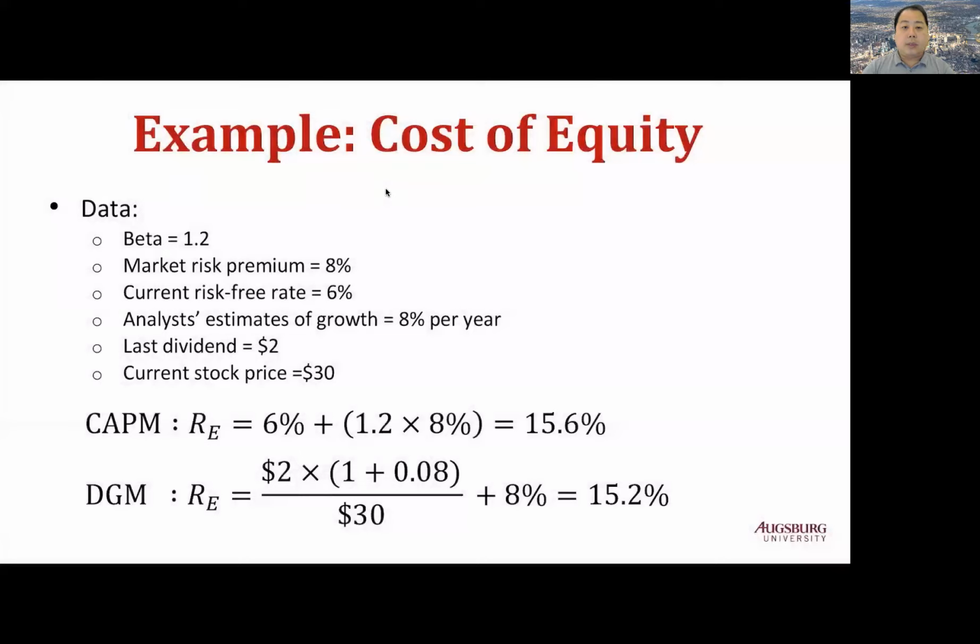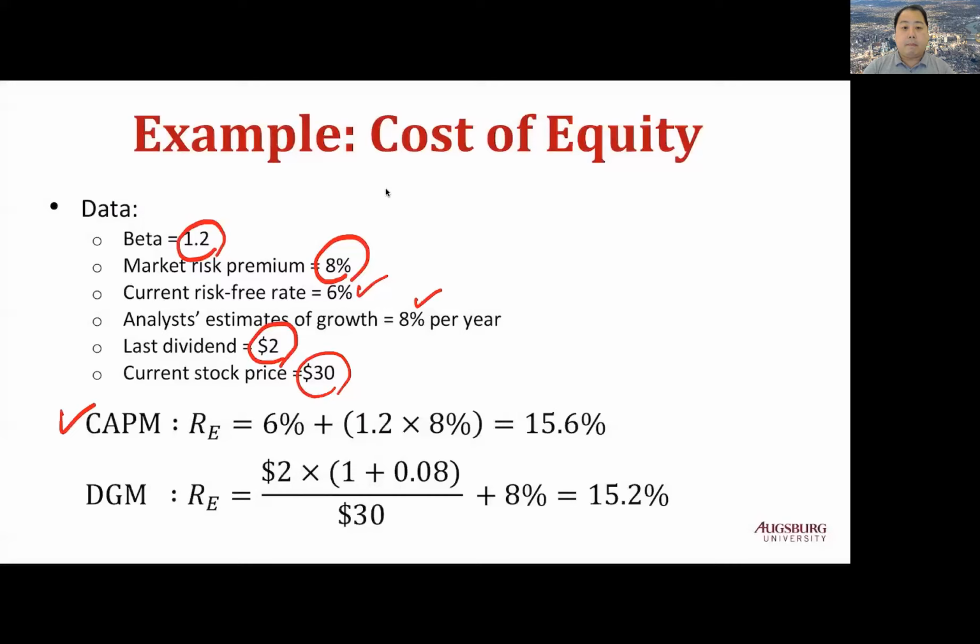Let's find the cost of equity in this example. The stock has a beta of 1.2, an estimated growth rate of 8% per year. The firm recently paid a $2 dividend and the current stock price is $30. The risk-free rate is 6% and the market risk premium is 8%.